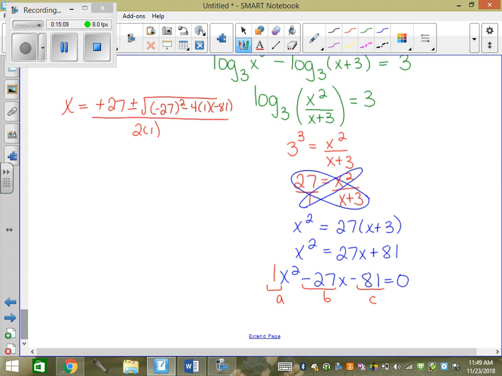Which gets you 1,053 under the square root. And then that can break down into 81 and 13.